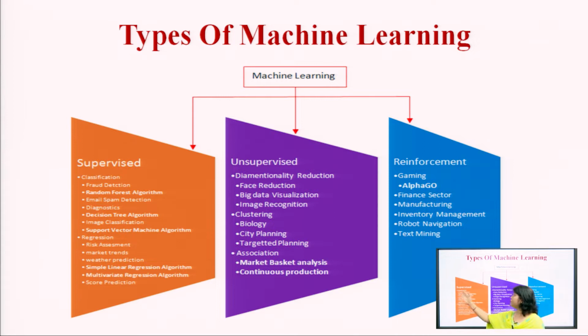Many applications come under classification: random forest, email spam detection, diagnosis, decision tree, image classification, support vector machine. These are all examples of classification techniques. Whereas regression is where the concept of dependent and independent variables comes in.